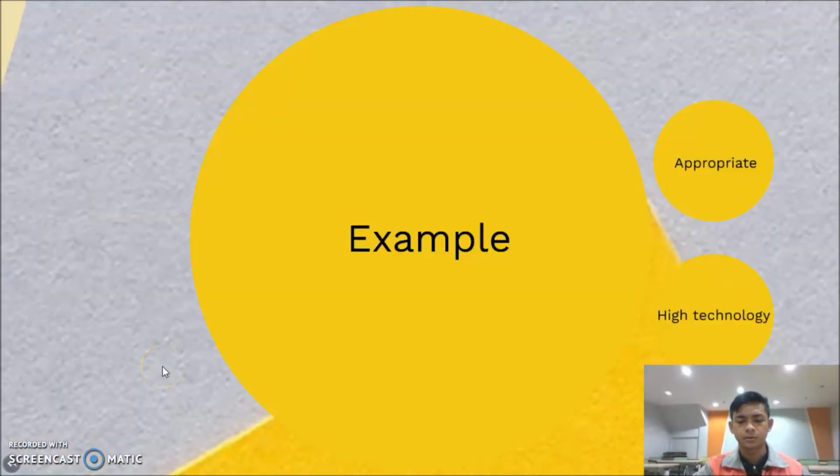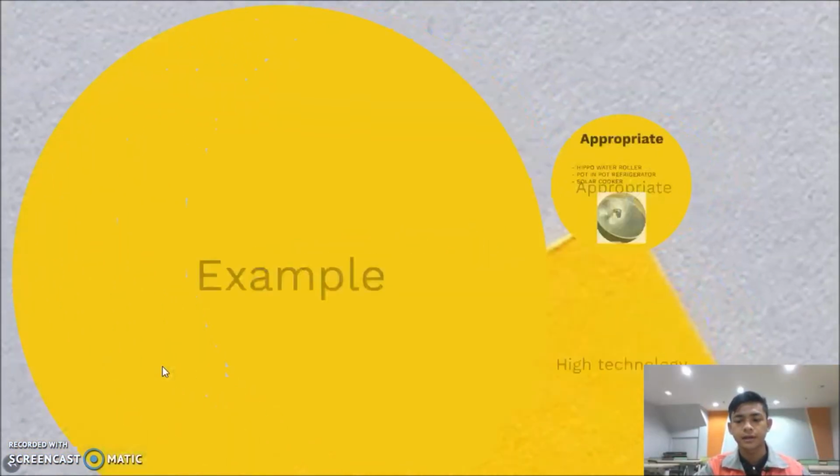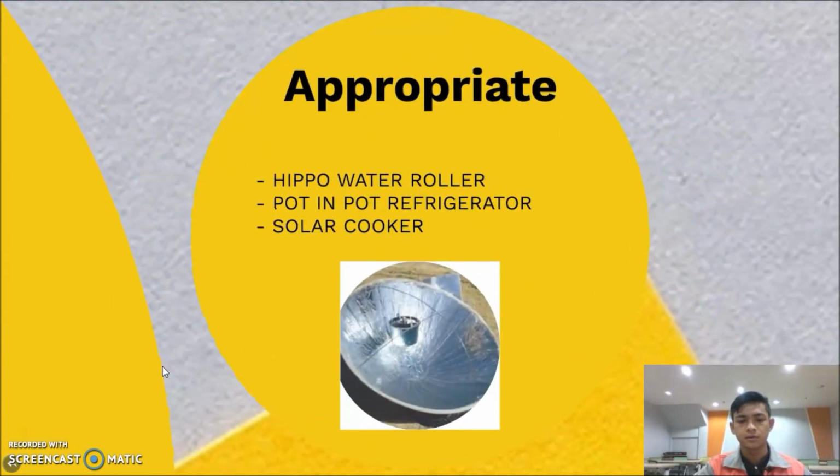Next, I will present examples of appropriate and high technology. Examples of appropriate technology are the hippo water roller, the pot-in-pot refrigerator and the solar cooker. Let me explain what a solar cooker is. A solar cooker uses sunlight as heat to cook food and water.